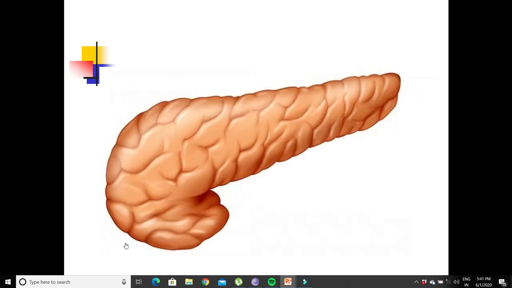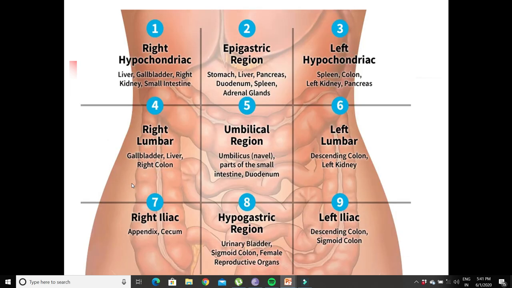Let's see this. Here comes the pancreas. You can see it's a J-shaped structure, and you can also see over here it's a soft, elongated gland. Let's see the quadrants.